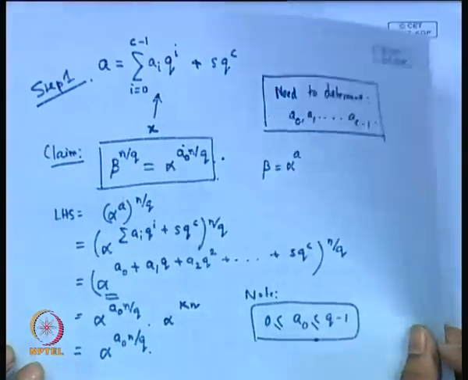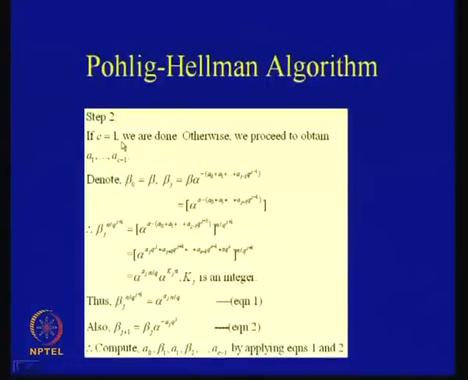In step 2 onwards, we will try to compute the other values. If C is equal to 1, then we are done in the second step, otherwise we proceed to obtain the values of A1, A2 and so on till A(C minus 1). For that we have a similar kind of approach, but slightly more involved.